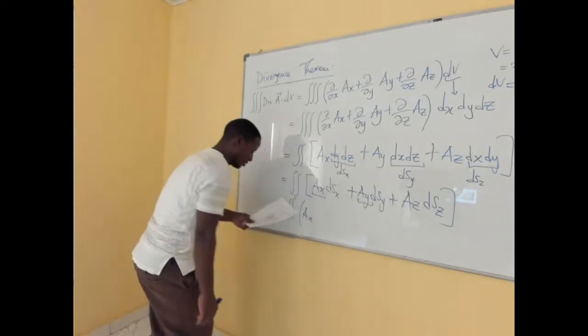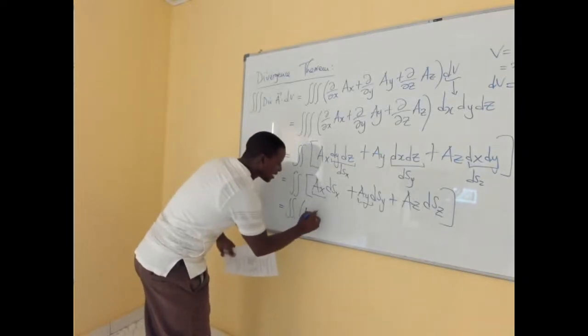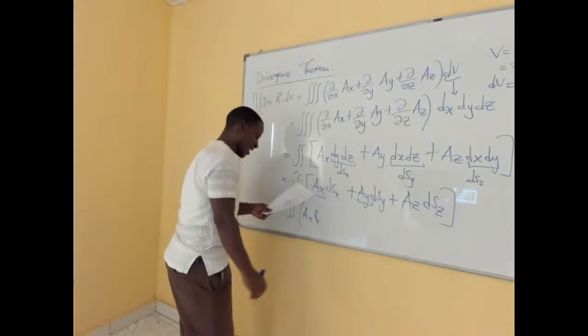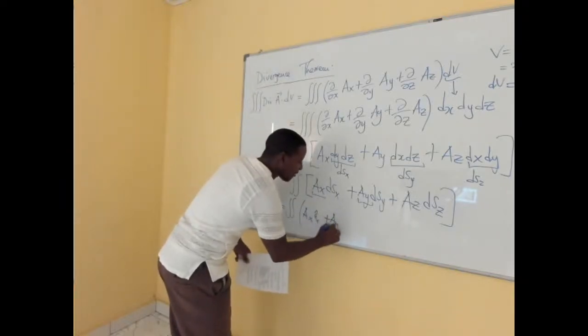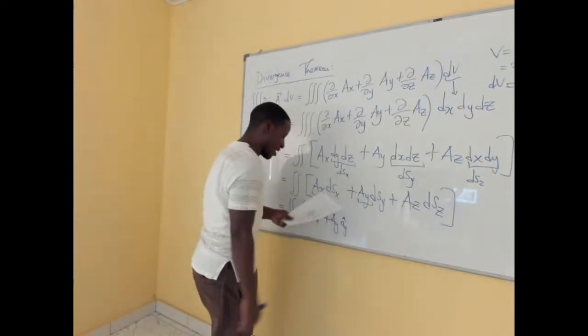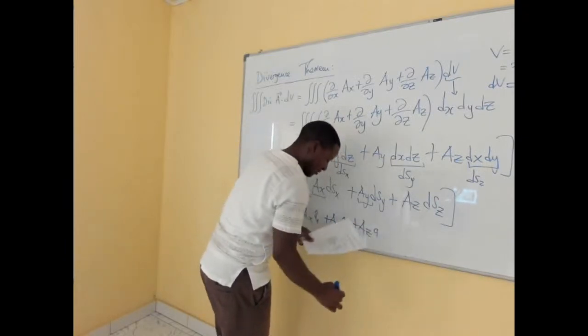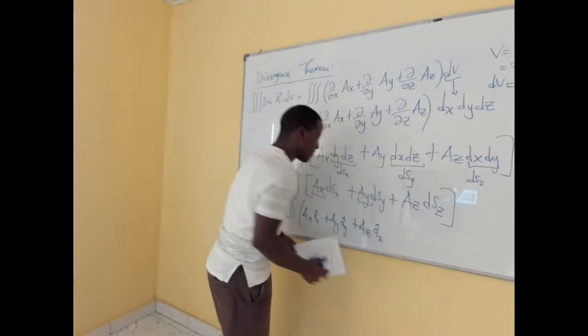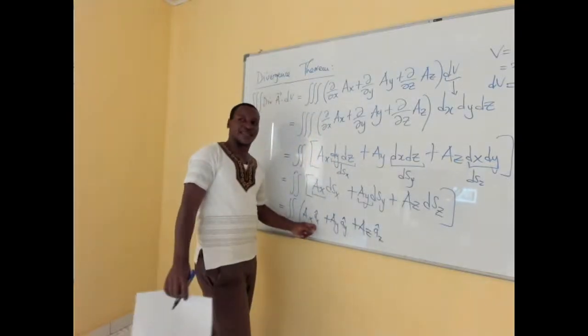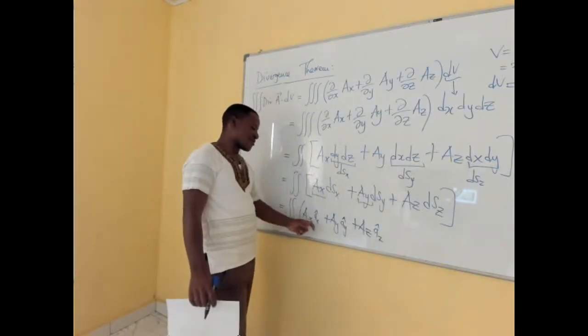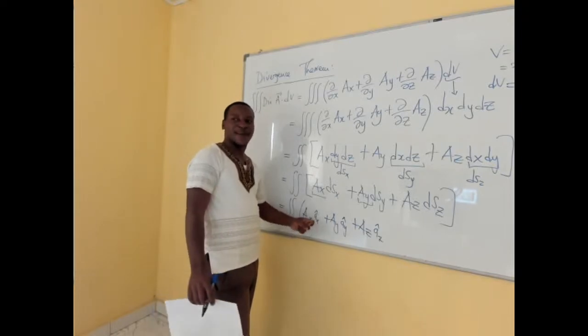So immediately there we have Ax into a unit vector ax, plus Ay into unit vector ay, plus Az multiplied by the unit vector az. Remember, this is a unit vector that we are introducing. It's just the same as multiplying a number by 1.